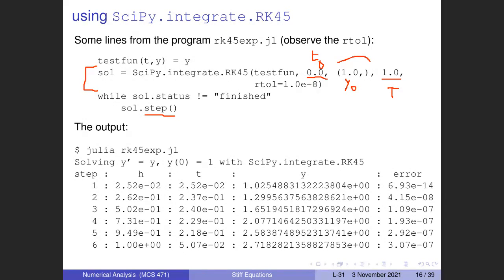And here you see that the RK45 on the test equation is actually quite efficient. In 6 steps, we get the approximation for e. So I should probably also have printed out the actual value, but you can see the error is up to 7 decimal places correct.